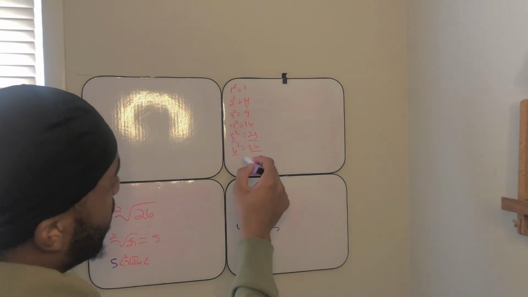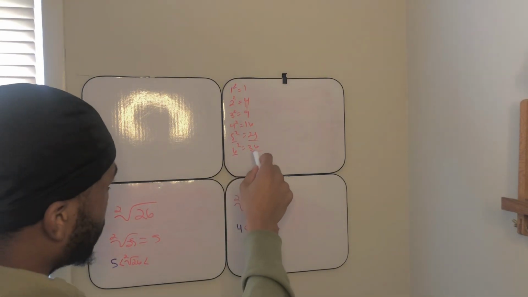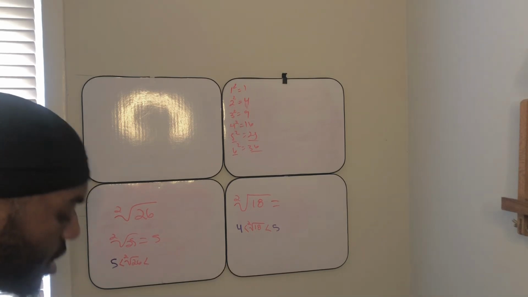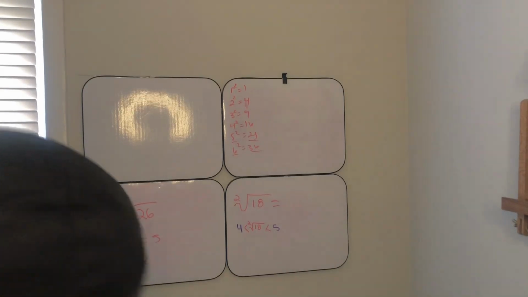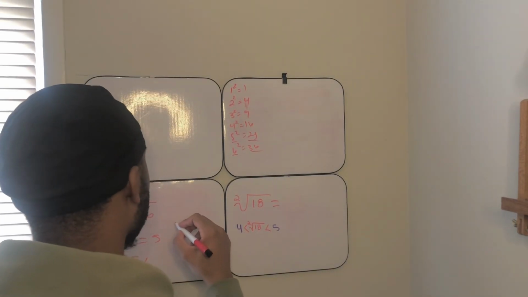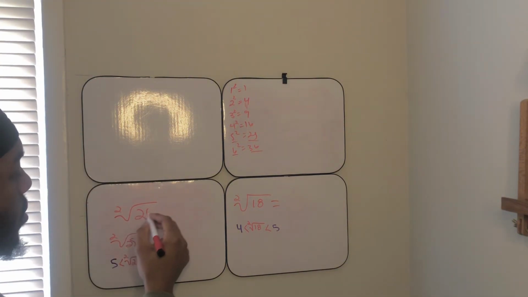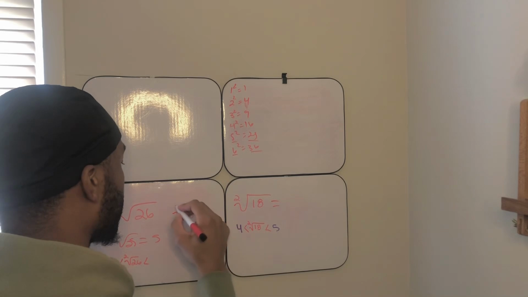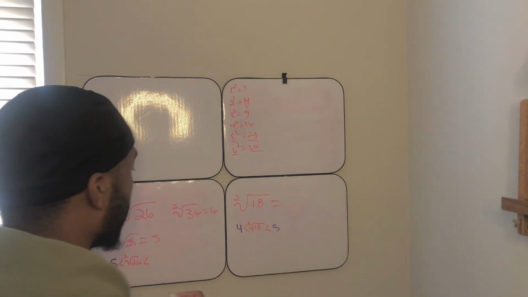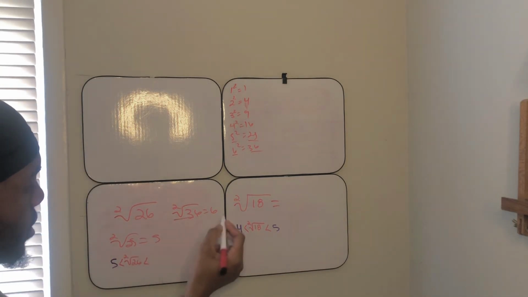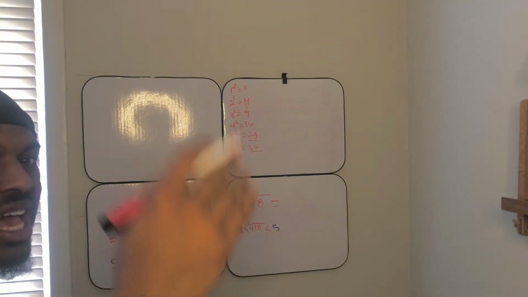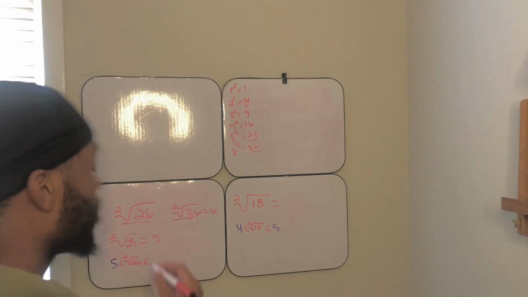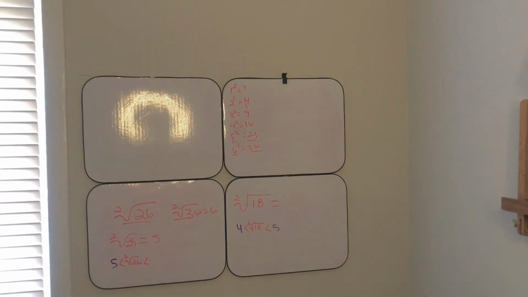But at the same time, we also know that it's less than 6 because the square root of 36 is 6. The square root of 26 has to be less than that because 36 is a bigger number. So we're going to put 6 on the other end of this inequality.